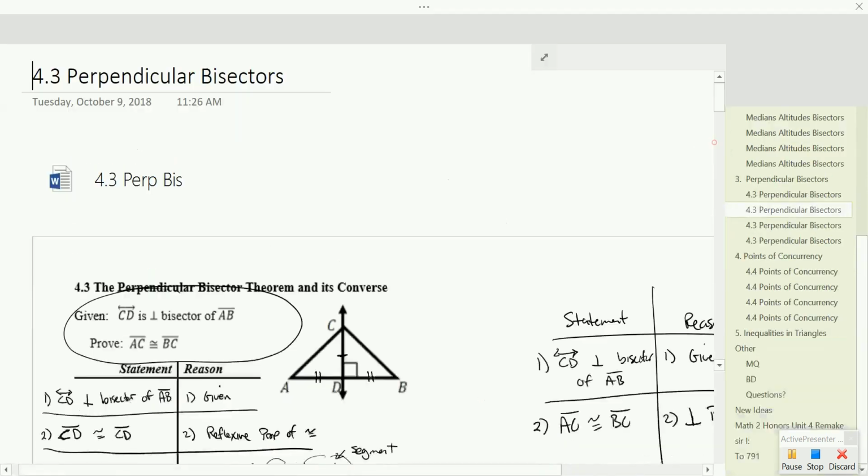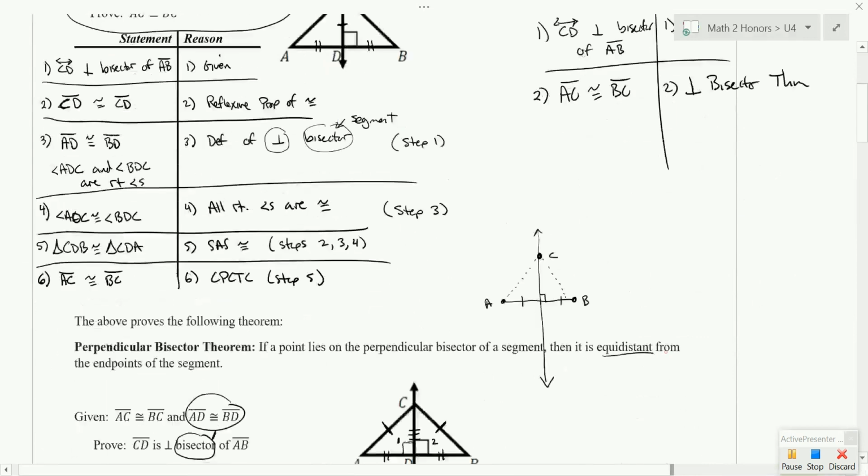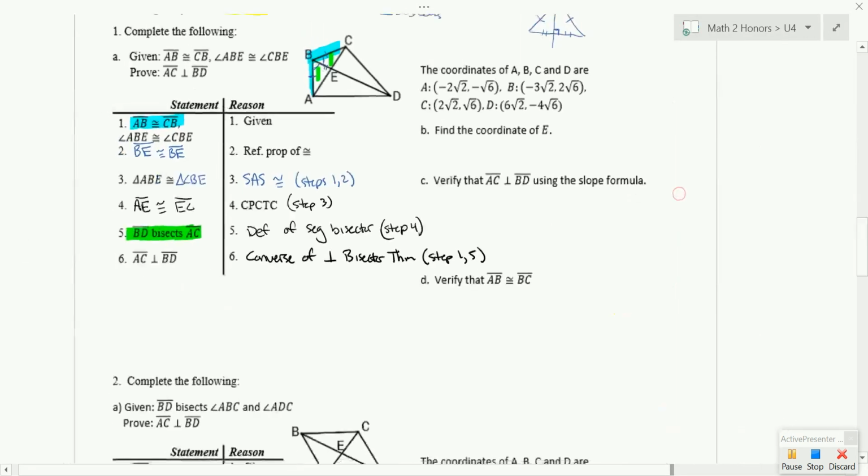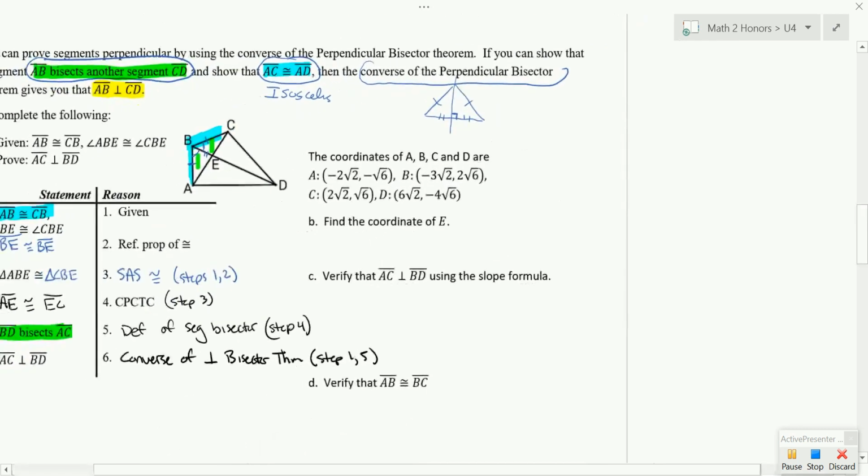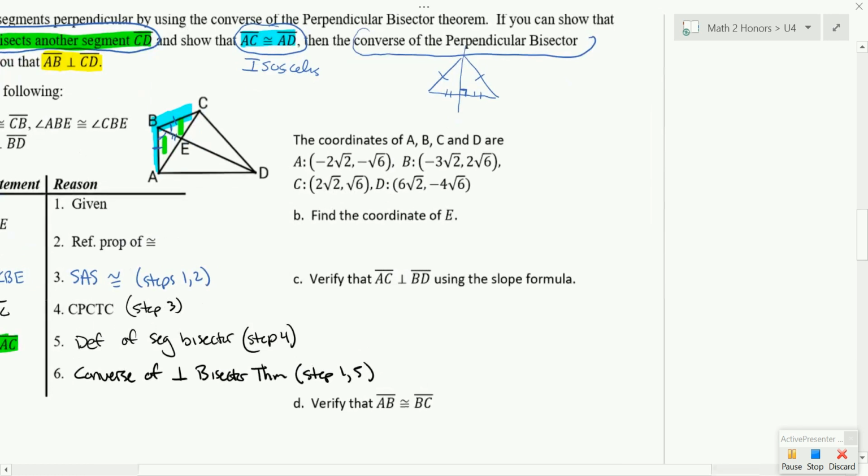So let's look at part C of number 1. And everybody find the slope of AC. Part of your homework anyways.